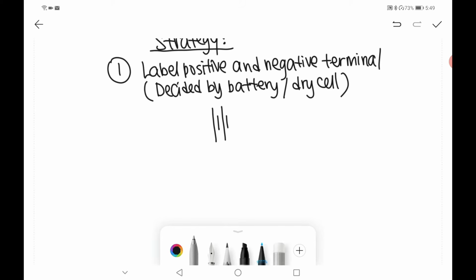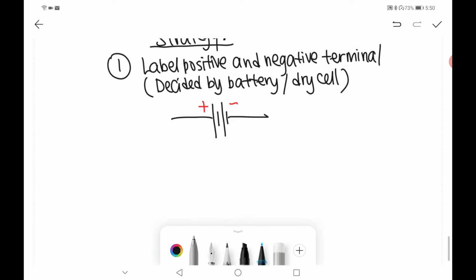If they give us a battery, we can just check who is positive and who is negative terminal. The longer side of the battery is the positive terminal. The shorter side of the battery is the negative terminal. That's it. Sometimes they can reverse it. The battery is not necessarily drawn with the long one first.